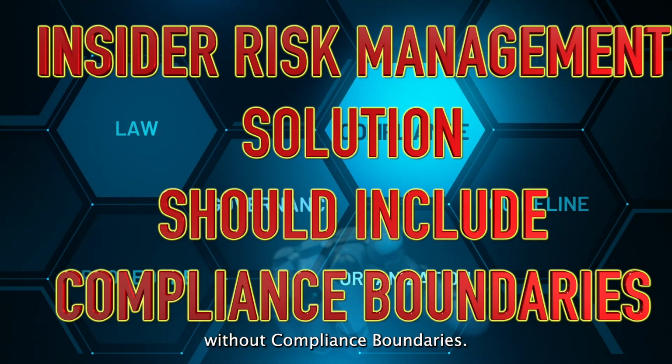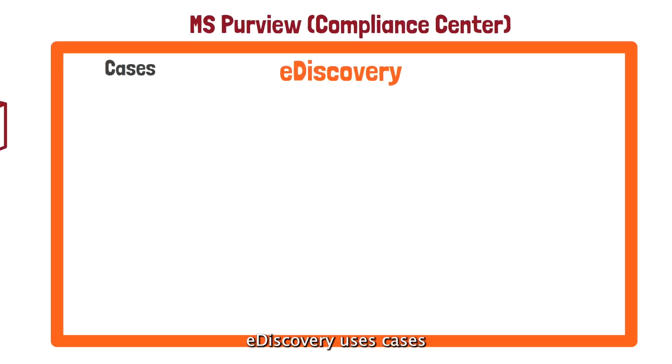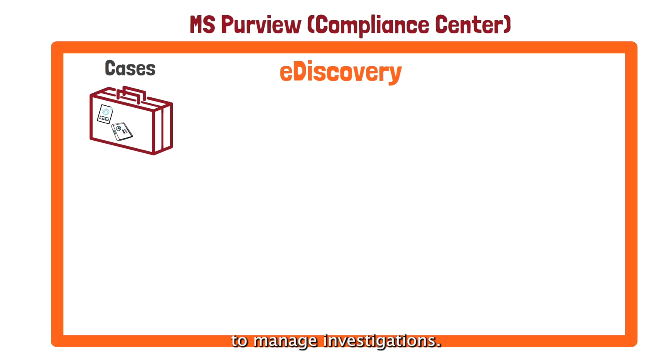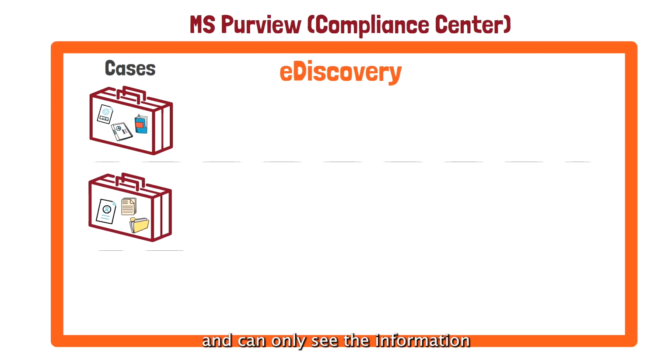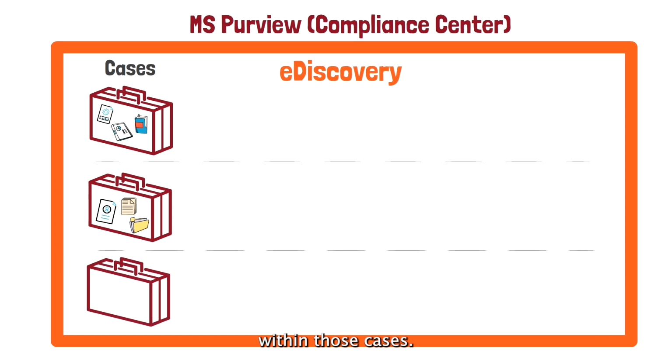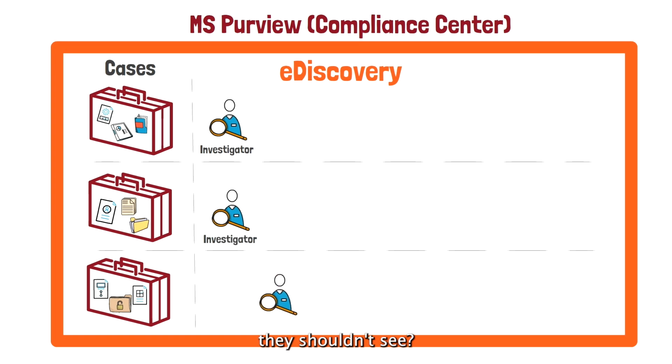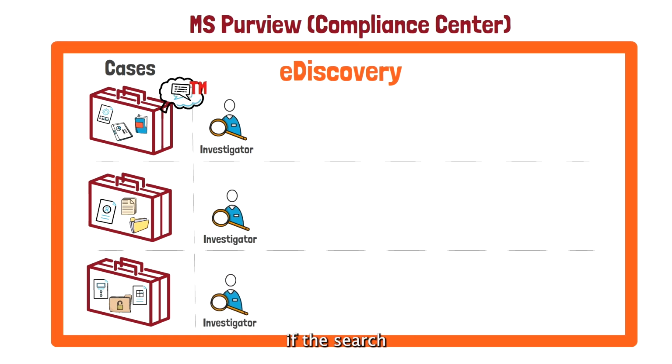eDiscovery uses cases to manage investigations. Investigators are assigned to specific cases and can only see the information within those cases. However, what if the search fetches too much information, including files they shouldn't see? For instance, if the search query was not properly refined.